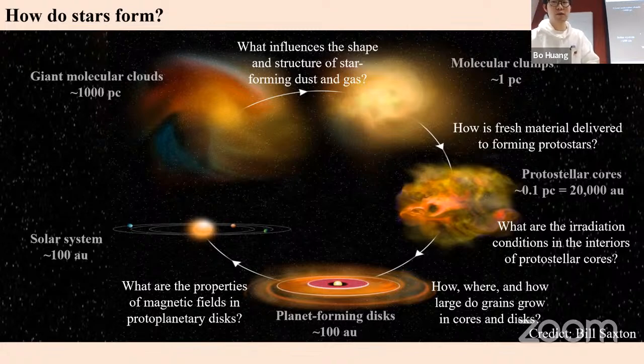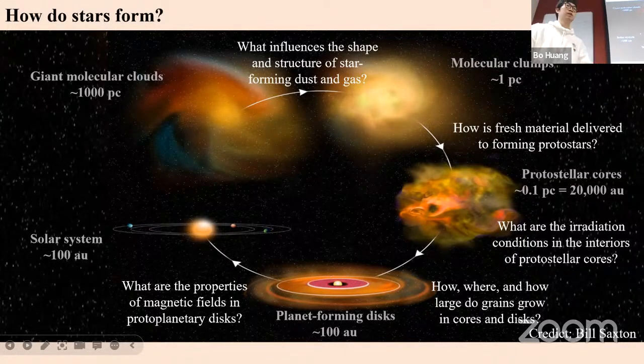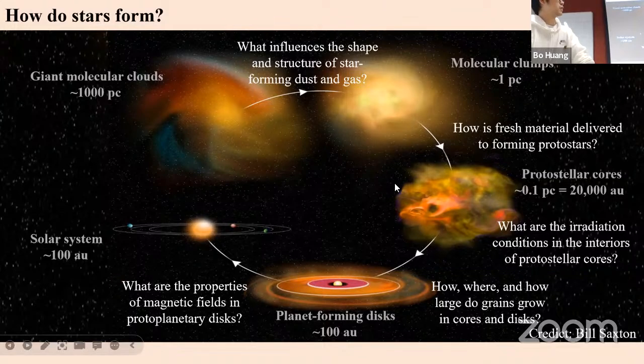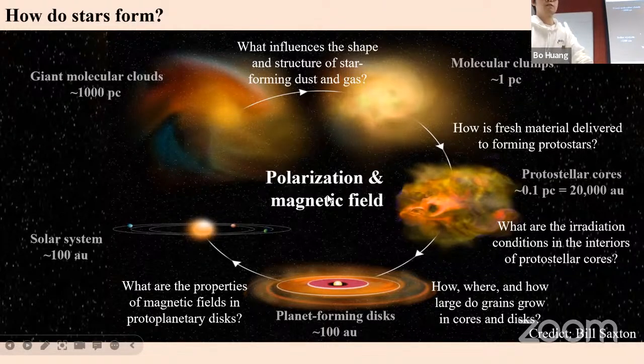And what are the irradiation conditions of these protostellar cores? For people who really care about the disk, what does the magnetic field look like? How strong is it? What is it doing inside the disk? People have known theoretically for decades that the magnetic field is essential for the formation of structure within disks. So to answer these questions, the polarization of the magnetic field is central.